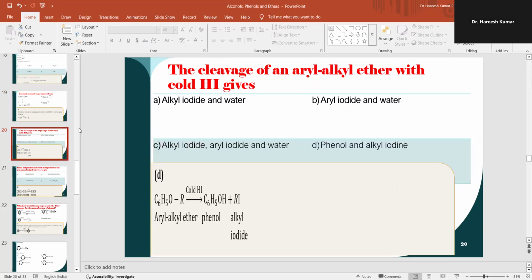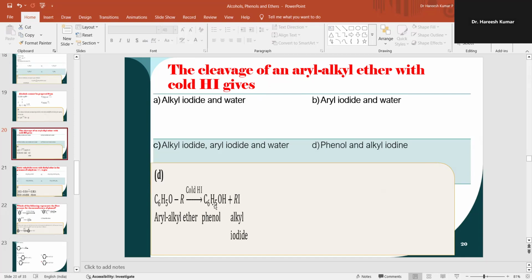So let's take the cleavage of an aryl alkyl ether. That means on either side of the oxygen, one group will be an aryl group, meaning an aromatic benzene group, and the other group will be the alkyl group. In such a case, when an aryl alkyl ether is cleaved using the HI, the possible products are phenol and alkyl iodide.